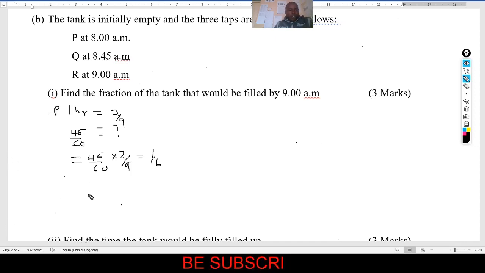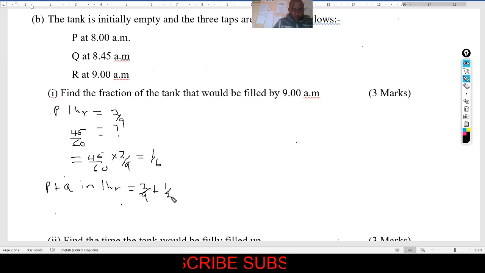Remember, we said that P plus Q in 1 hour, we realize that they will fill 2/9 plus, Q was filling a third.